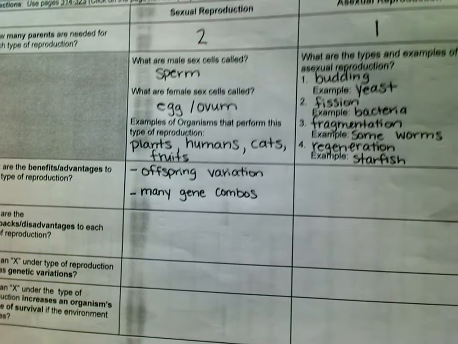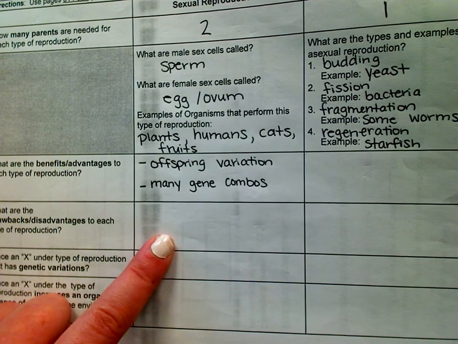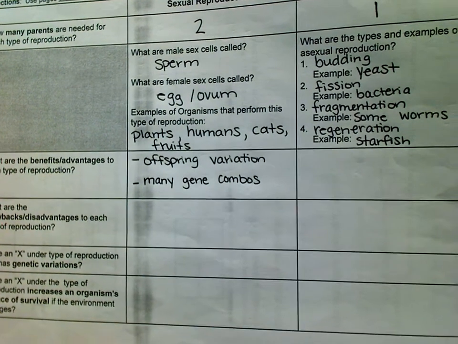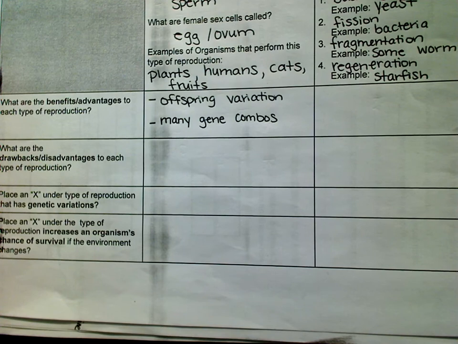All right, so what are the drawbacks to sexual reproduction? Does anyone know? Can anyone think of one? Yeah, Landon. Birds, they have to travel. Exactly.